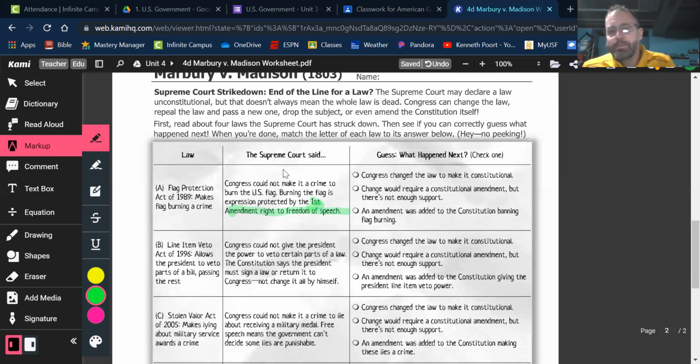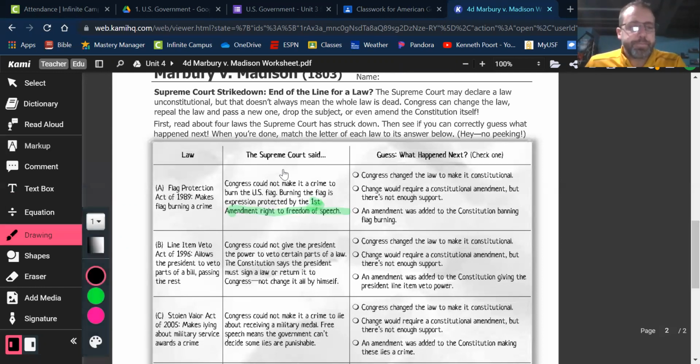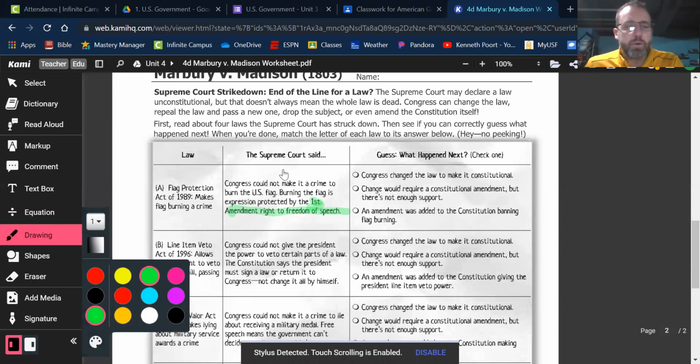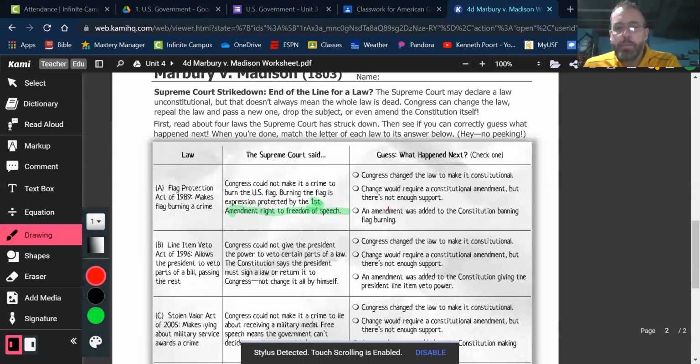So our three options are: did Congress change the wording of the law so they could make it constitutional? Would the change require a constitutional amendment, so they would actually have to amend the Constitution in order to make it illegal to burn the flag? Or was an amendment added to the Constitution banning flag burning? Well, we know there's no amendment for flag burning.